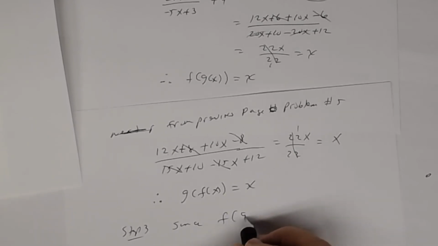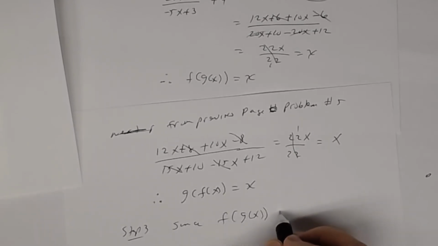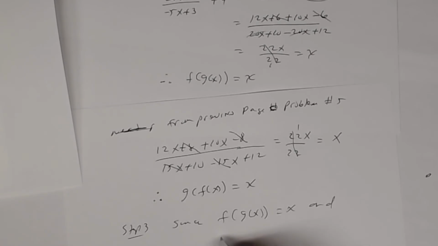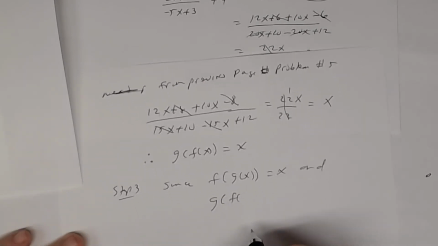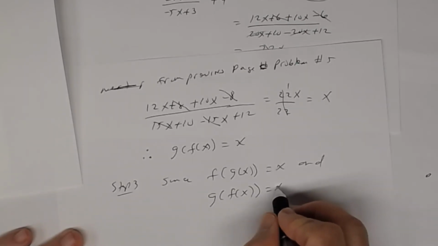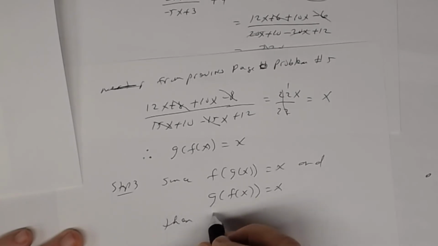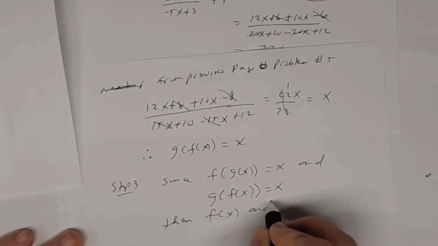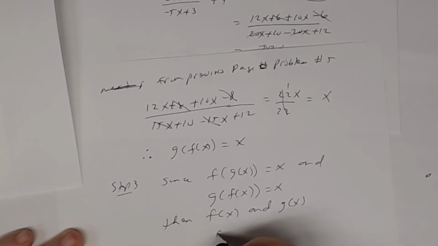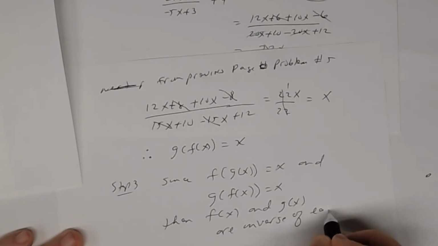Step 3, since f of g of x is equal to x and g of f of x is equal to x, then f of x and g of x are inverses of each other. Okay?